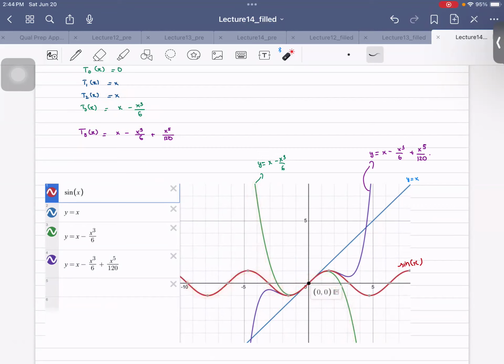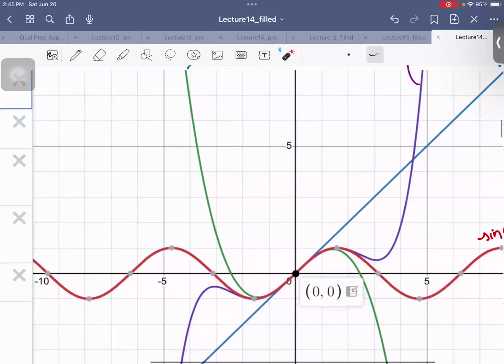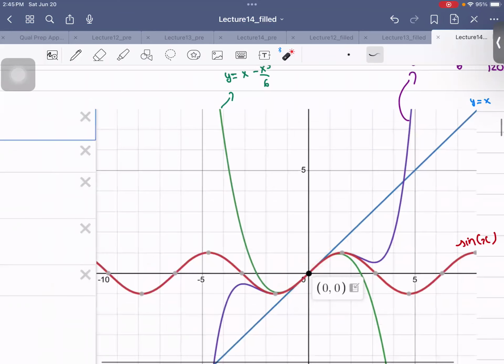Firstly, the output of your polynomial and the output of the original function sin of x agree at the point 0. They also have the same rate of change. You can see that they are increasing in the neighborhood of 0 as well.